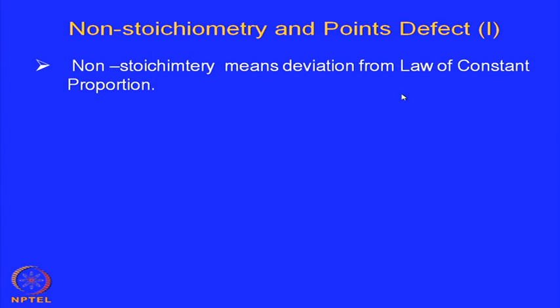Now, with this we come to another concept, which is actually a consequence of defects: non-stoichiometry and point defects. So, there is a strong correlation between non-stoichiometry and point defects. What do we really mean by non-stoichiometry? Basically, non-stoichiometry means deviation from the law of constant proportion.